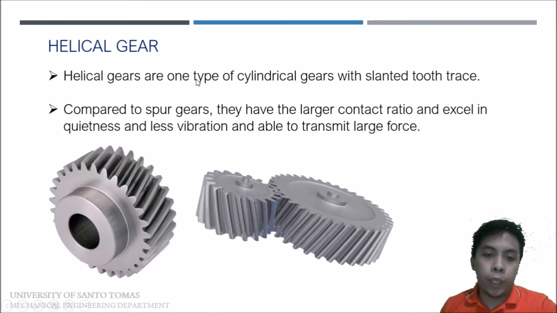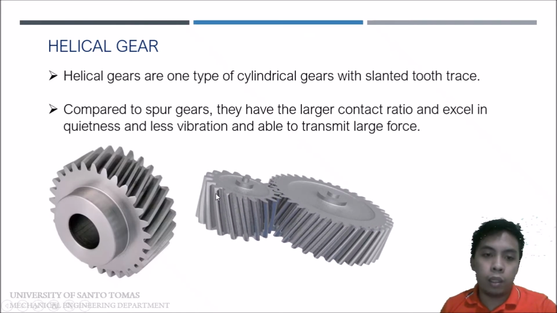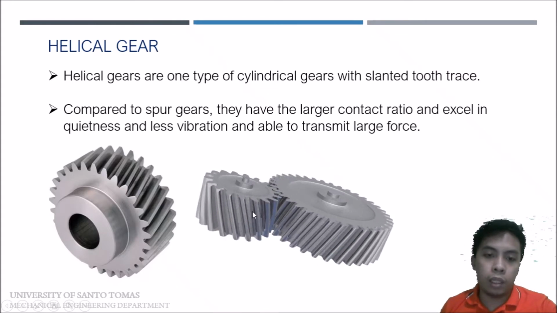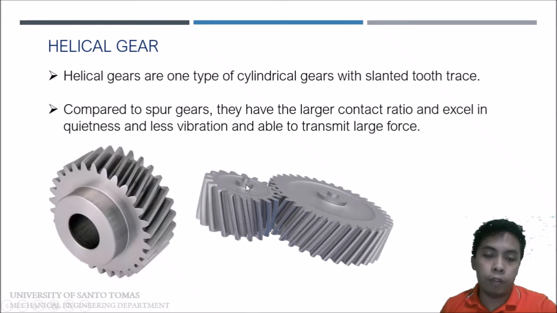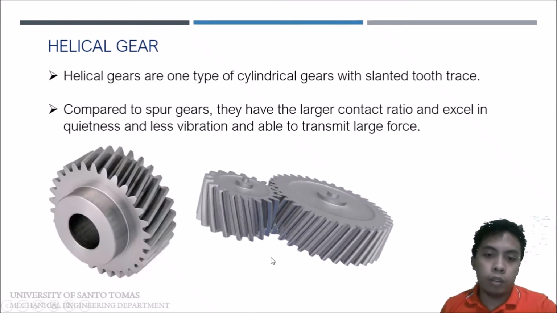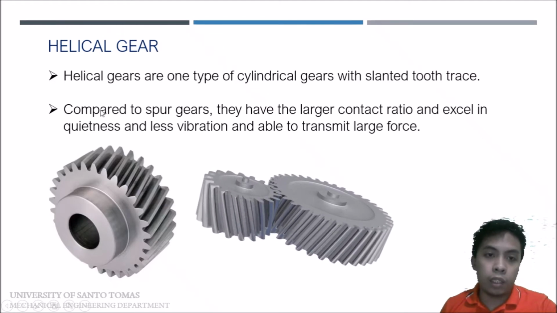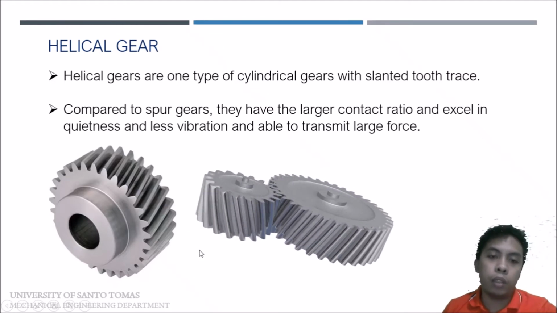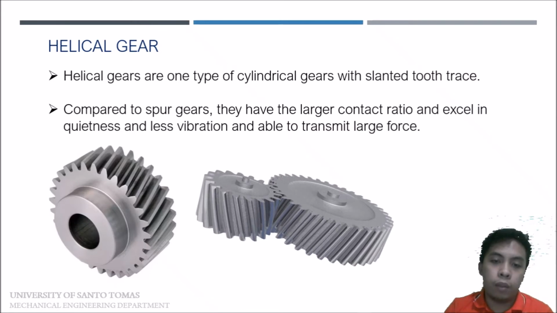Compared to our spur gear, the tooth geometry, or the tooth axis, is not parallel to the axis of the shaft, because it is slanted. That is also the reason why it is quiet with less vibration. So it is always in contact with our gear.